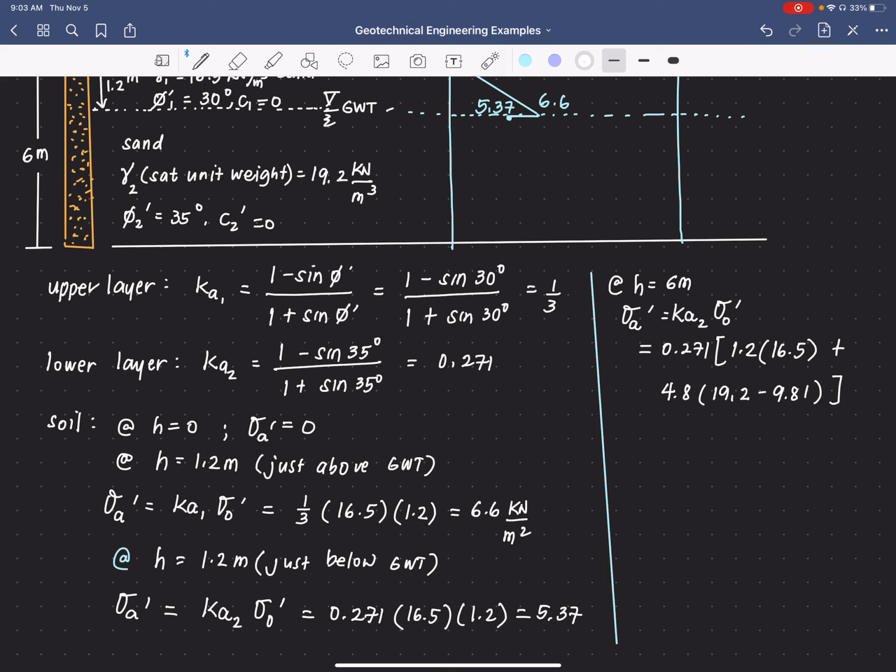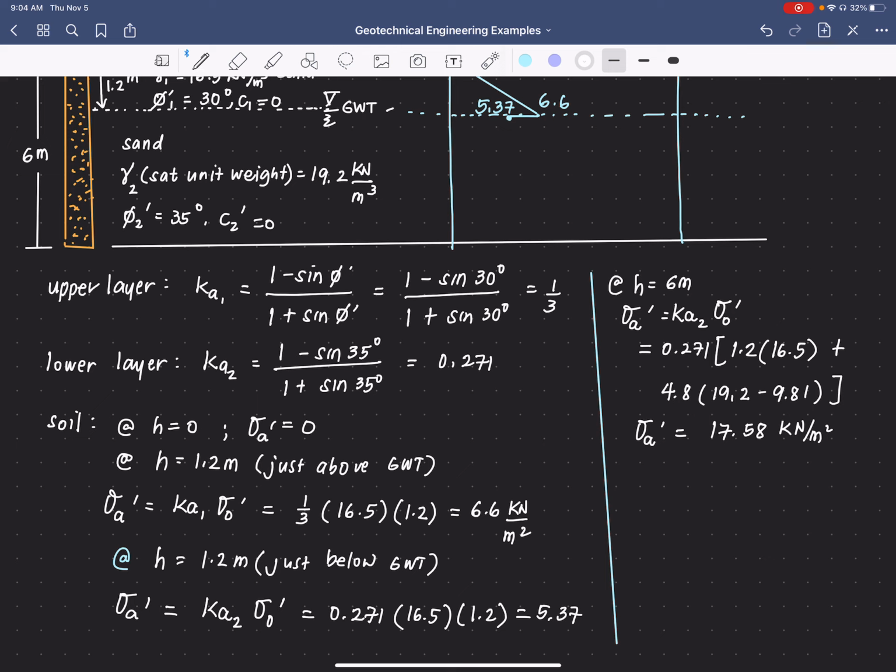Then that's it. So we can solve for the active pressure at the depth of 6 meters, and that would be equal to 17.58 kilonewton per square meter.